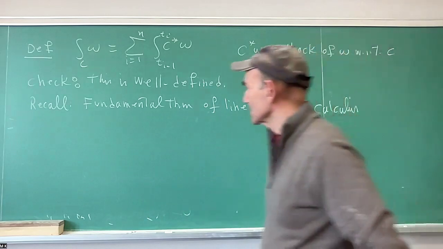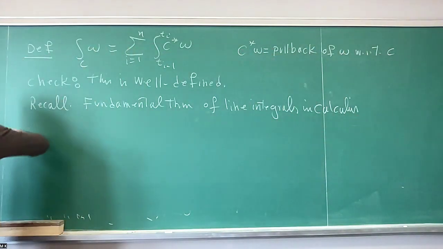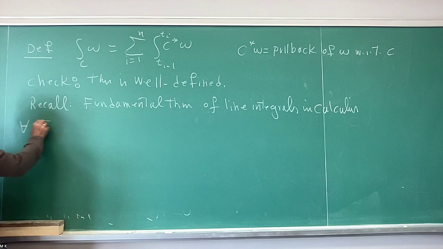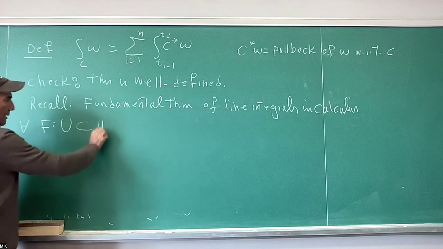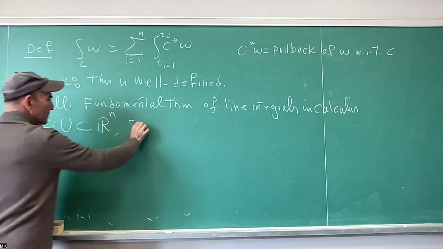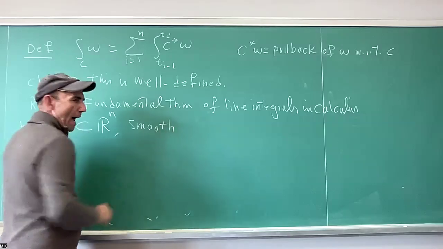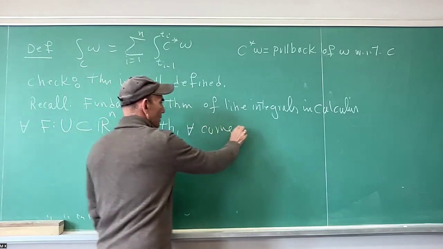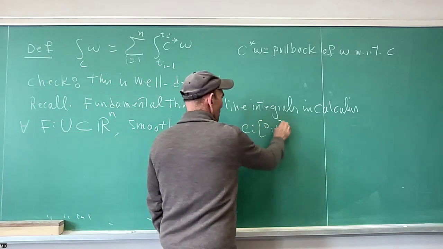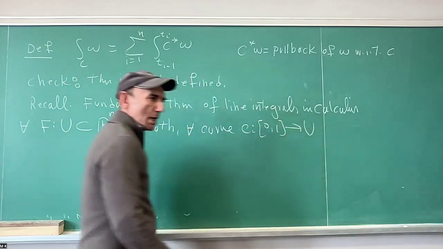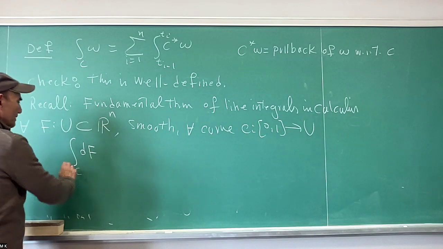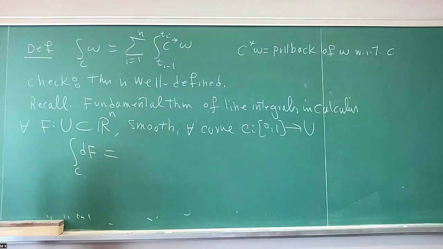So what is it? It just says that if you have a function f on U, a subset open in Rn, and if you have a curve C to U, and if you want to integrate this one form df over C, you know what the result is.